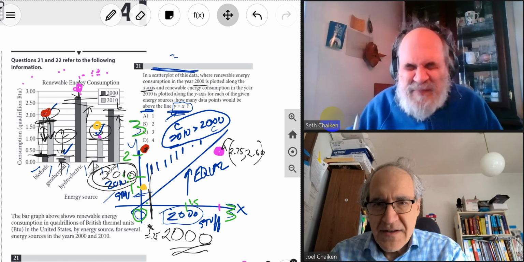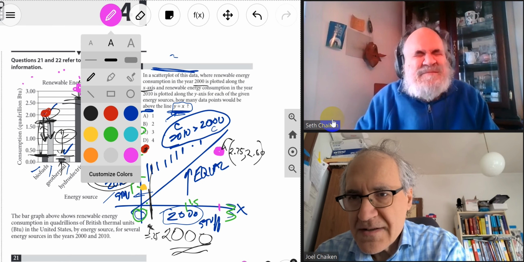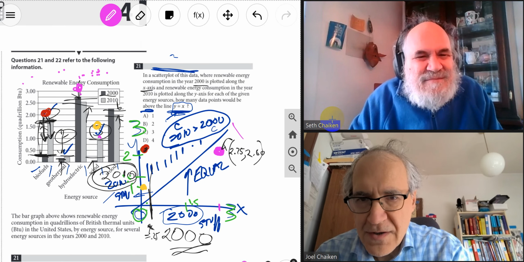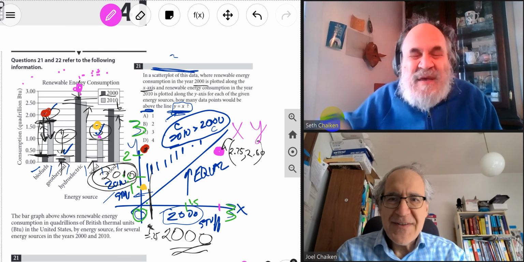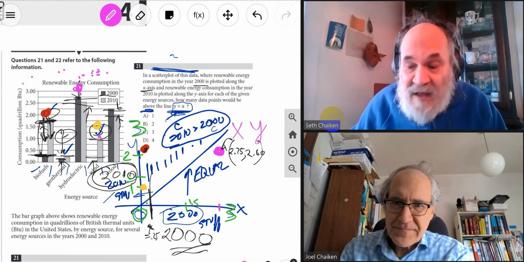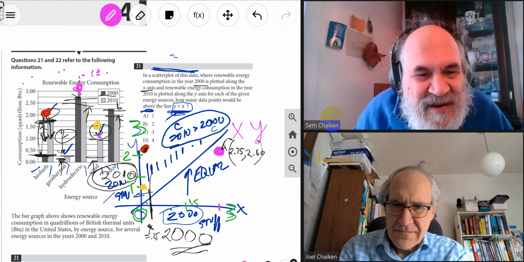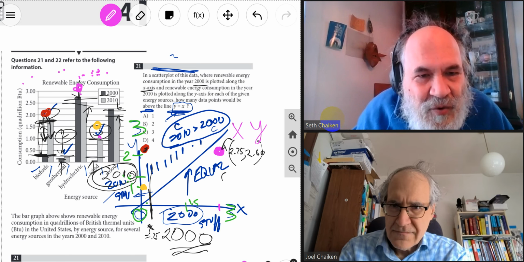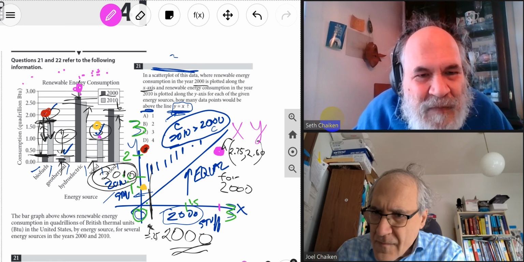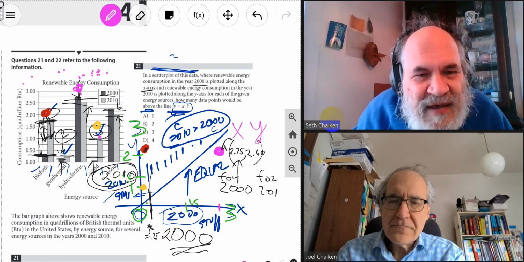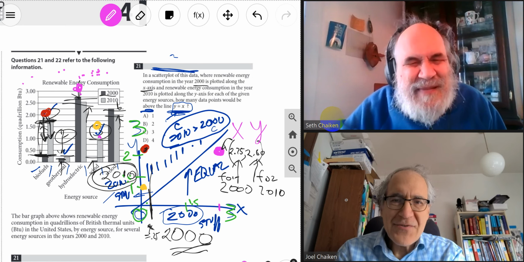Now this is the x coordinate, and this is the y coordinate, for 2000 and for 2010. So you can see here that the y is not greater than the x.